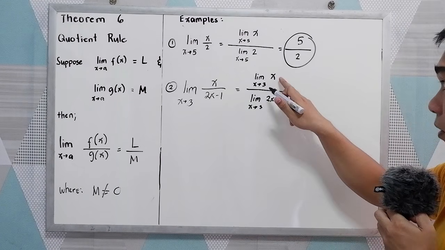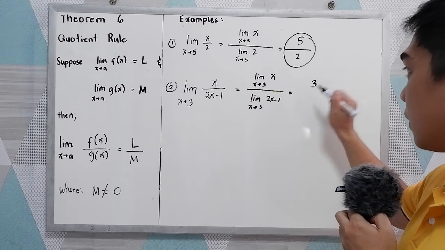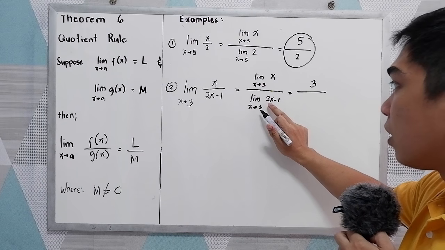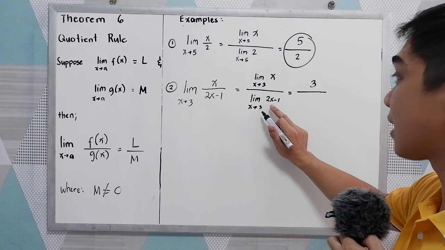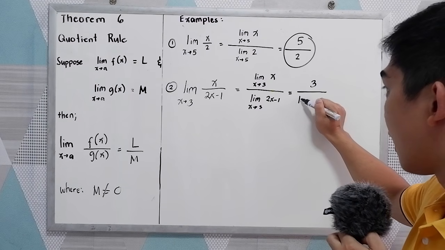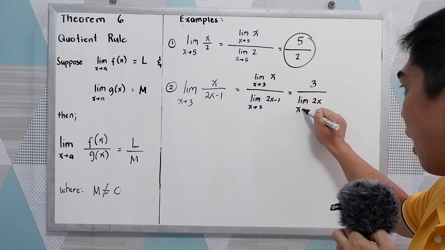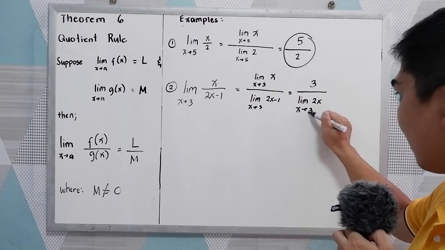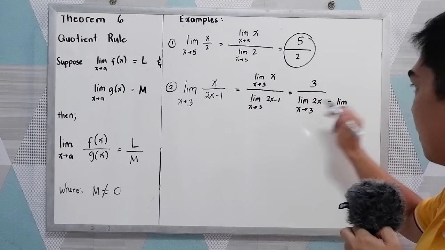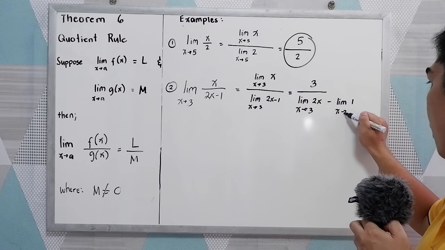Now, theorem number 2, that is equal to 3 over our denominator, we're going to apply our sum or difference rule. So this is equal to the limit of 2x as x approaches 3 minus the limit of 1 as x approaches 3.